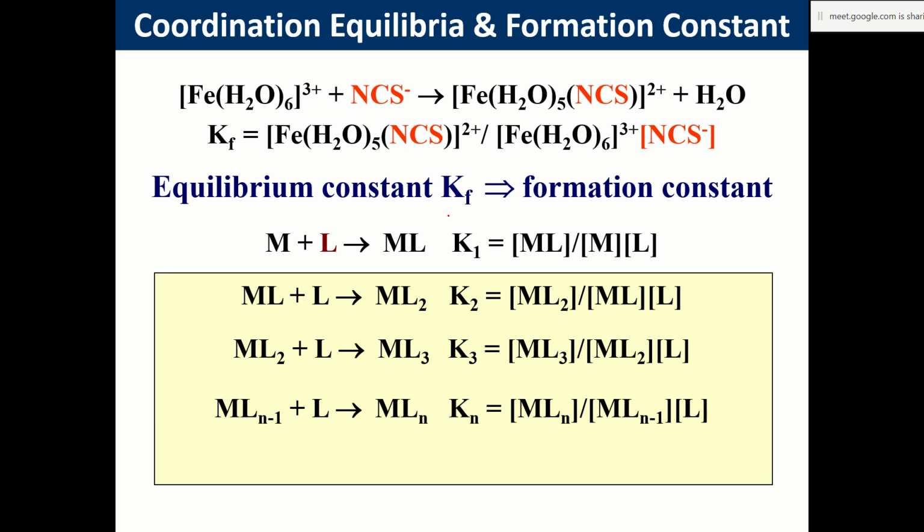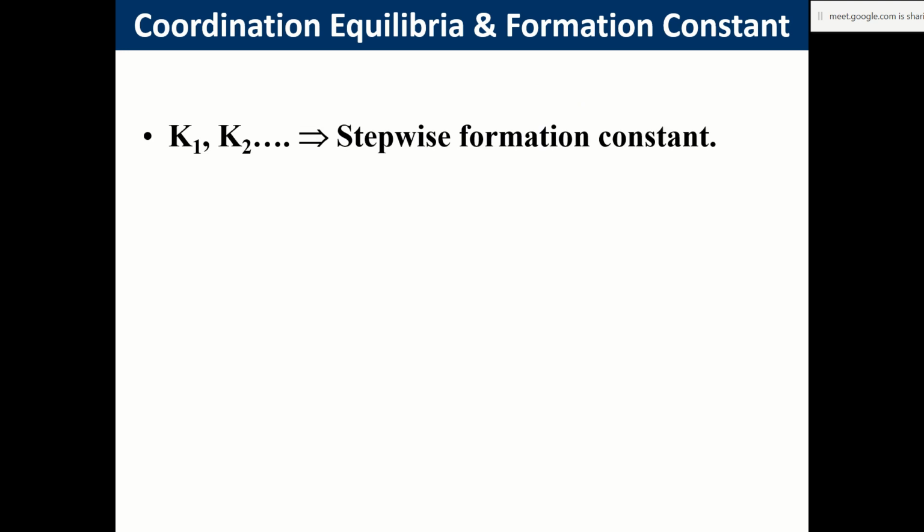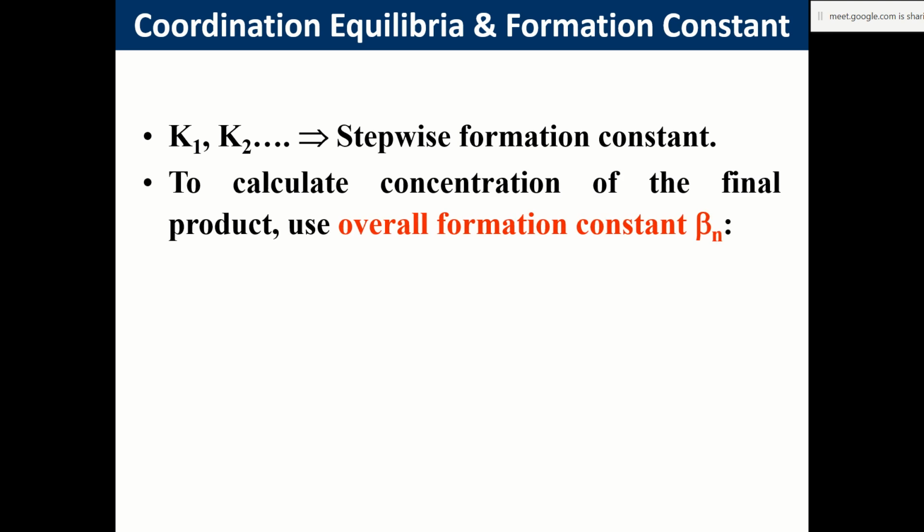Equilibrium constants in general, you write step by step for all of them: K1, K2, K3, up to Kn. In general we can write it as MLn over ML(n-1) times L, with one ligand less in the denominator, times the concentration of L. Each of these steps, written for replacement of one water molecule in one step, is called a stepwise formation constant.